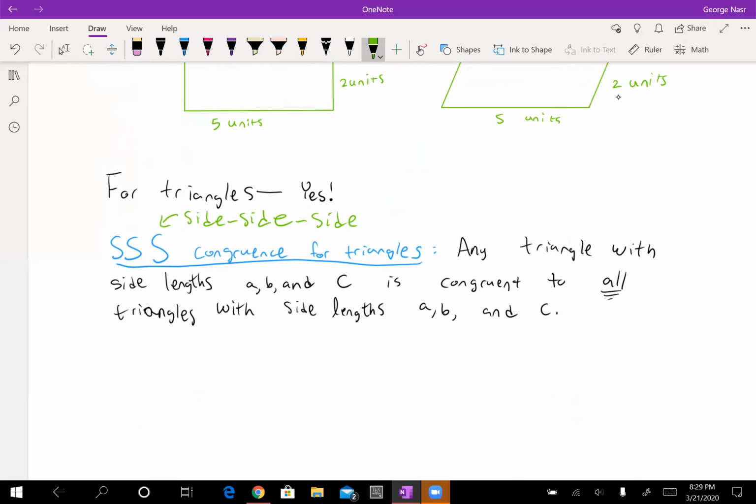It says any triangle with side lengths A, B, C is congruent to all other triangles with side lengths A, B, and C. What that means is if you draw two triangles with the same side lengths, there has to be a way to rotate it, reflect it, move it around so that it lands on the other one.